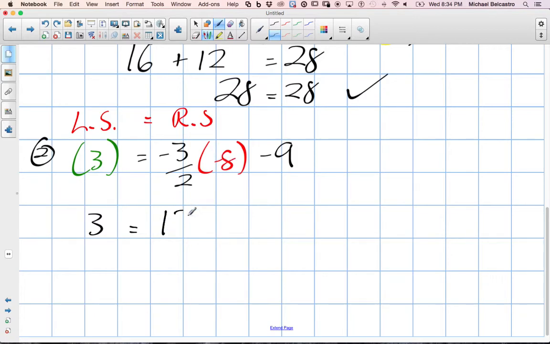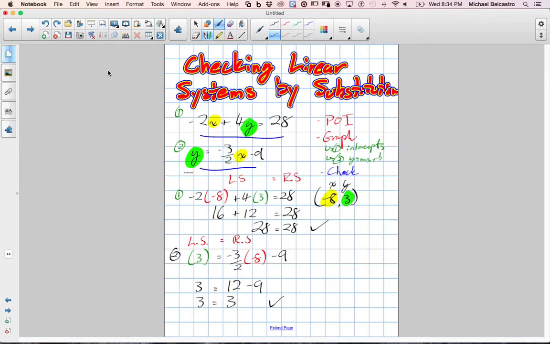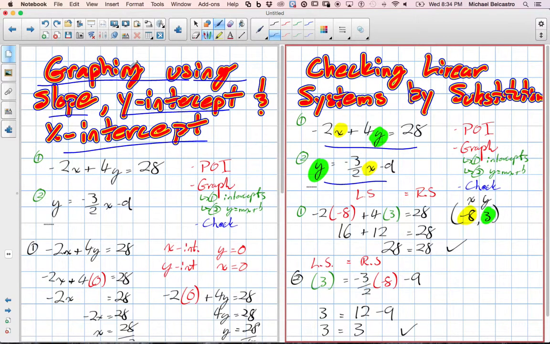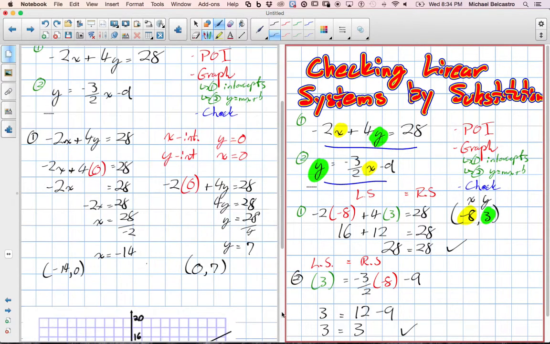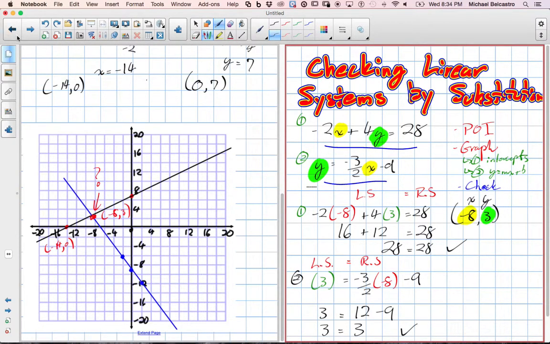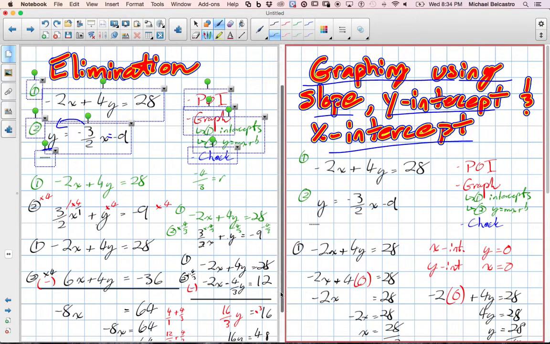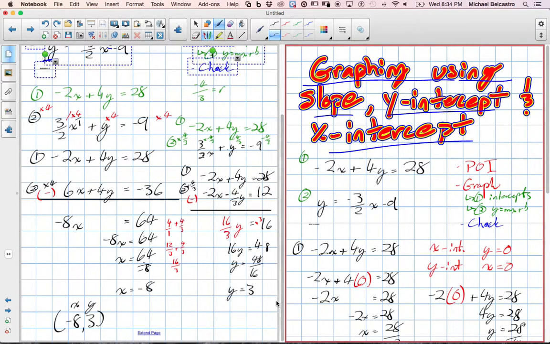It's going to be 12. 12 minus 9 is 3. Checks out pretty nicely. So the work we did in the graphing and the work we did in our algebra of elimination all worked out. Everything kind of panned out in this question.